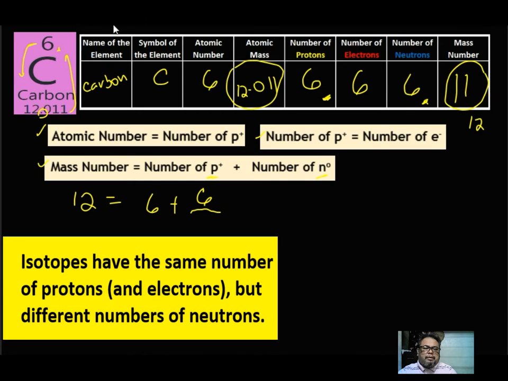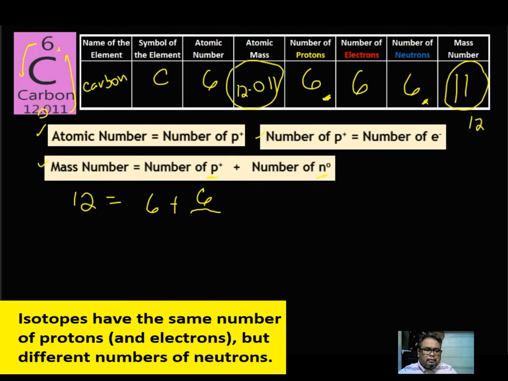So, instead of 6, it will change. Let me put it down. Then, here below. Okay. So, its mass number now is 11, equal to the number of protons, which is 6, same number of protons, but different neutrons, plus, okay, what number when we add it to 6 will give us 11?